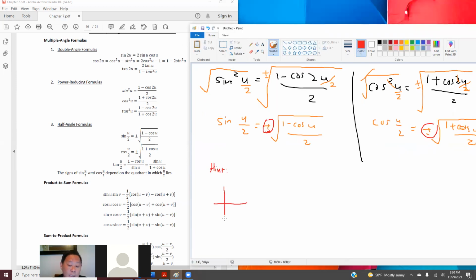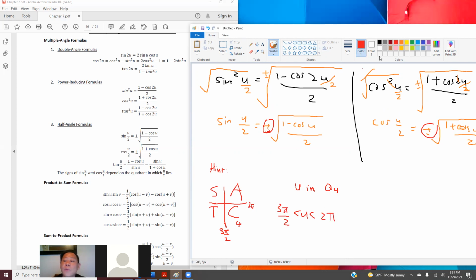As you remember from chapter 6, if u is in quadrant 4, that means u is between 3 pi over 2 and 2 pi.